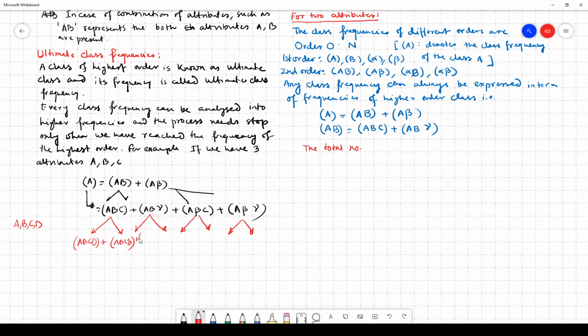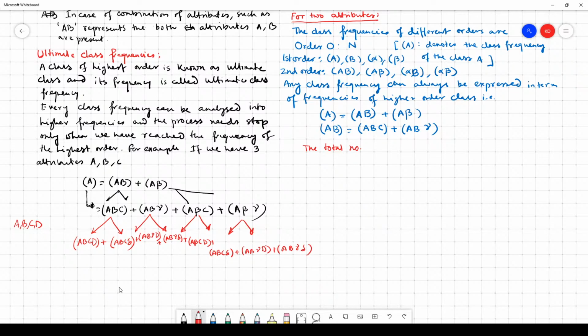Now AB gamma D, AB gamma delta, then A beta C D, then A beta C delta, plus A beta gamma D plus A beta gamma delta.